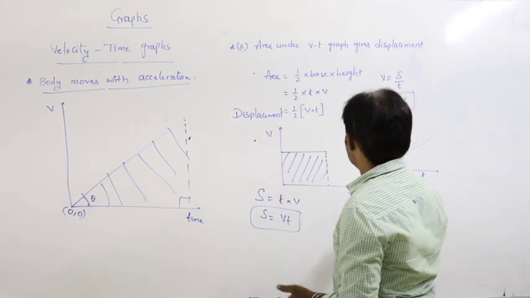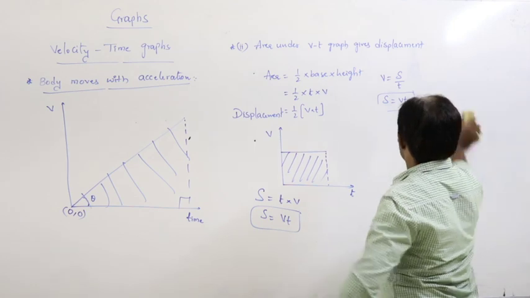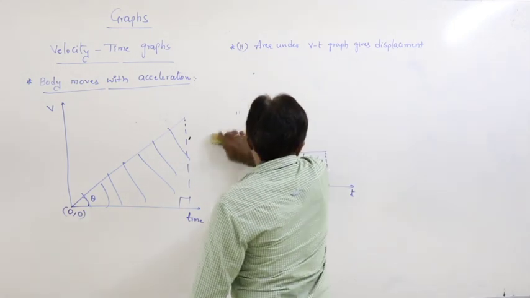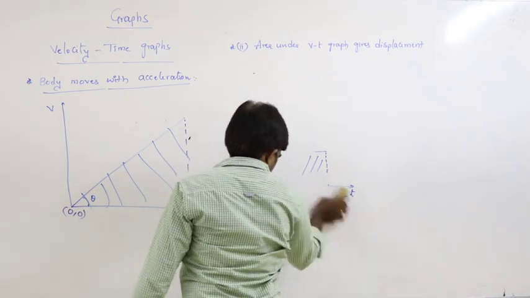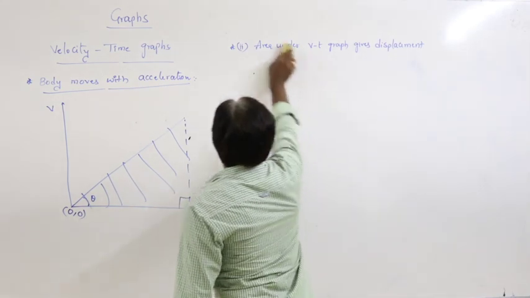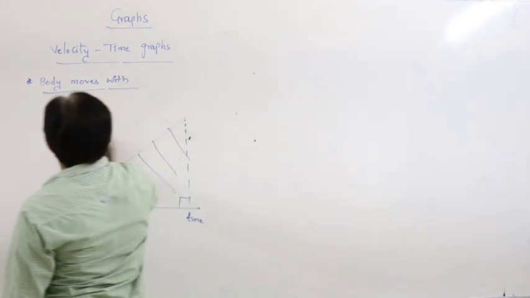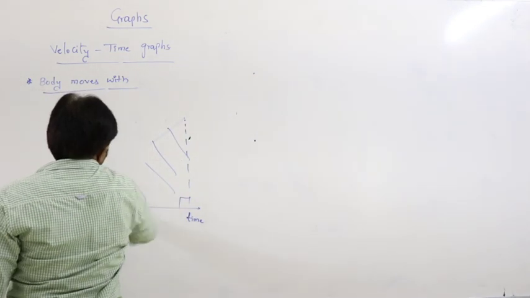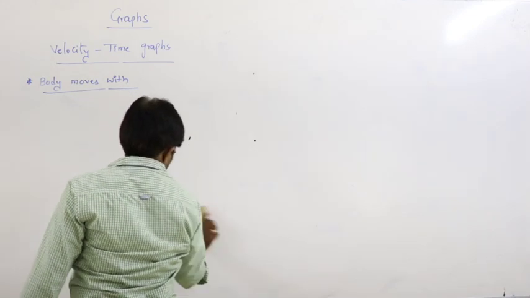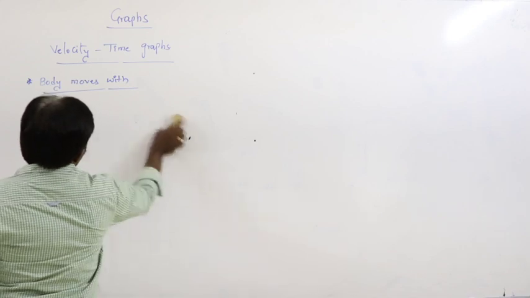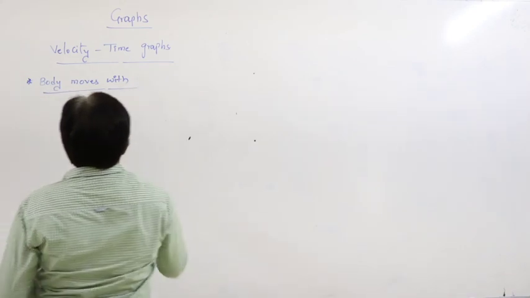This is the velocity time graph. Second situation, body moves with acceleration. Next situation, body moves with retardation.